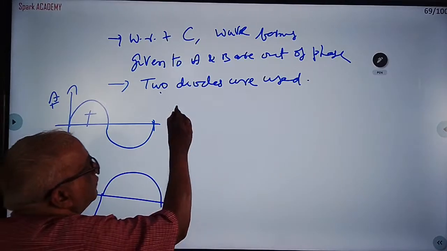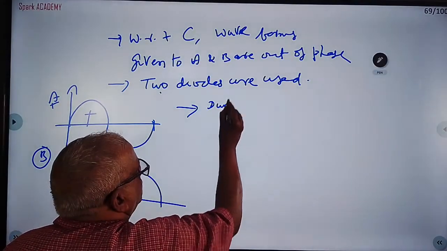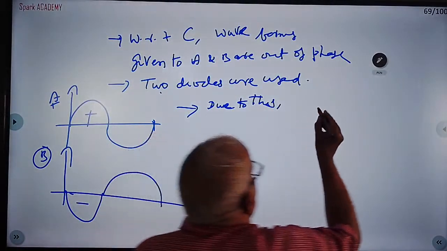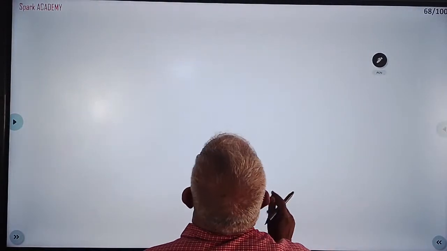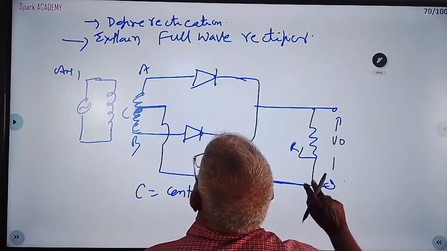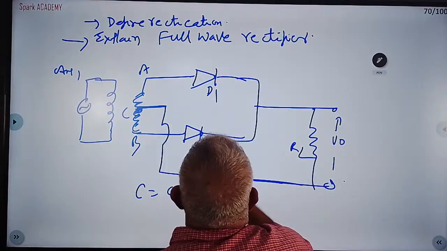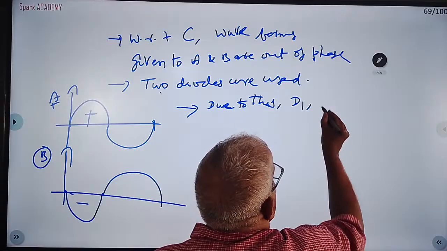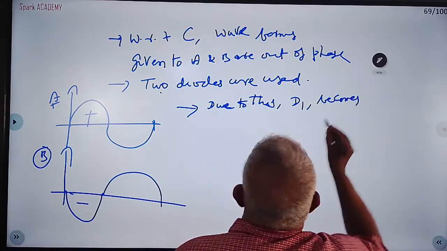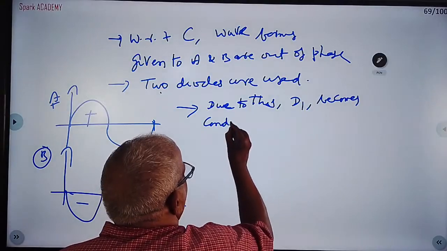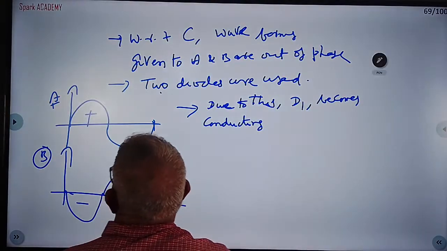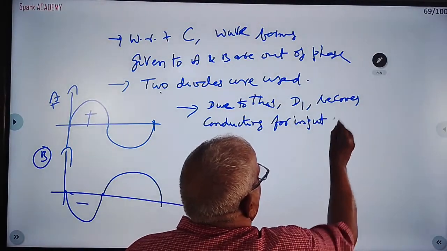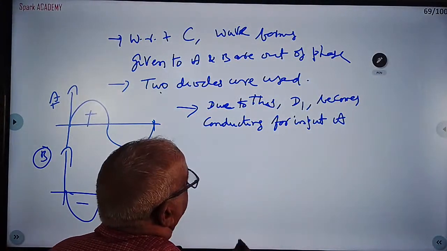So due to this, what will happen? There are two diodes, diode D1 and diode D2. Due to this, diode D1 becomes conducting for input A. The positive half cycle is connected.